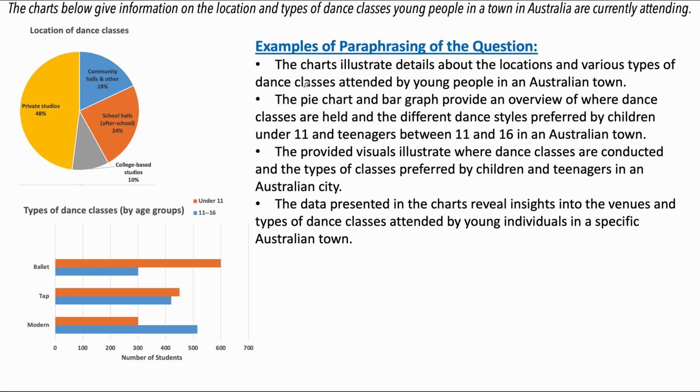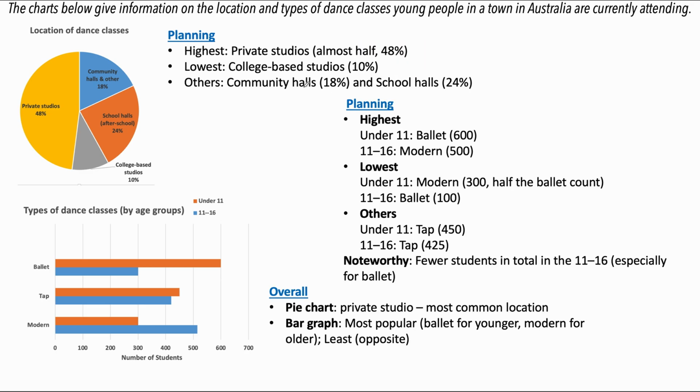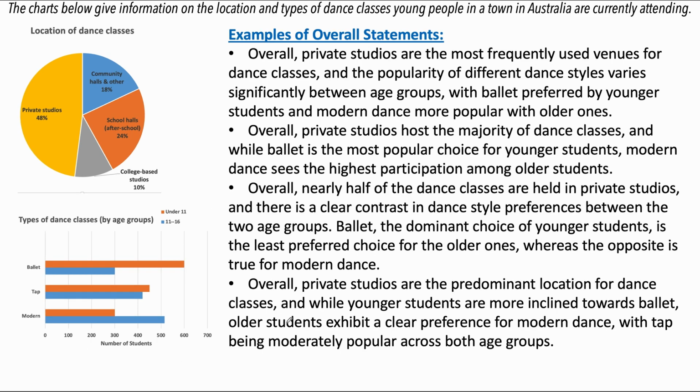Next, we have to write the overall statement. This is the planning that we have. So let's start. Here are 4 different examples of overall statements. What is common among all of them is that it is clearly mentioned that private studios is the location where majority of dance classes are held.